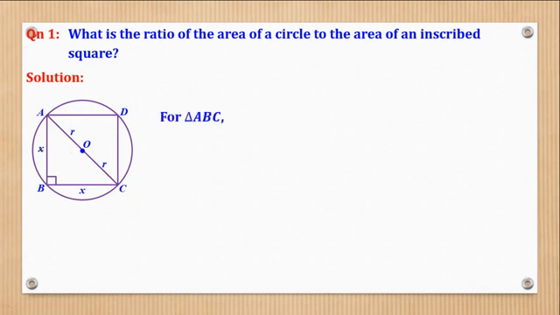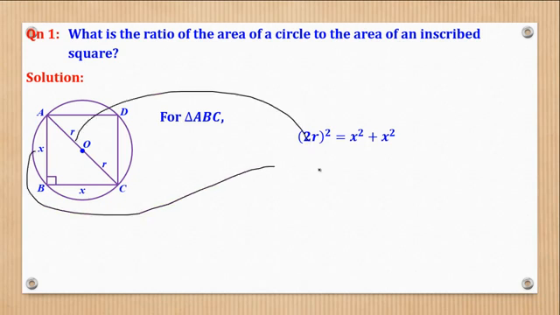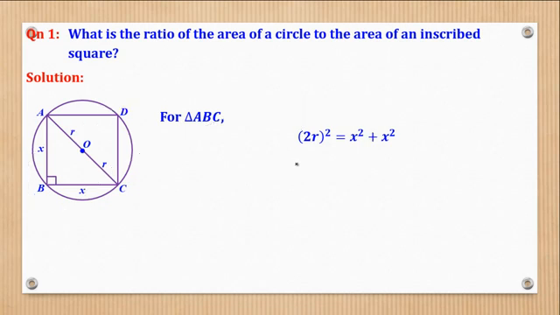So for triangle ABC, the hypotenuse squared is equal to this squared plus this squared. Open this bracket: 2 to the power 2 is 4, r to the power 2 is r squared. Divide both sides by 2, and you come up with this.